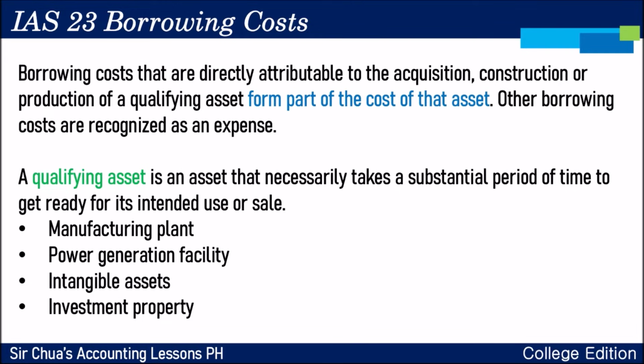So syempre po, yung cash ng company, hindi naman lahat yan mapupunta sa asset construction, no? So, ang ginagawa po ng company is nanghihiram ng pera, okay? Under notes or loans. And syempre, yung hinihiram natin na pera is may kaakibat pong interest, 'di ba?